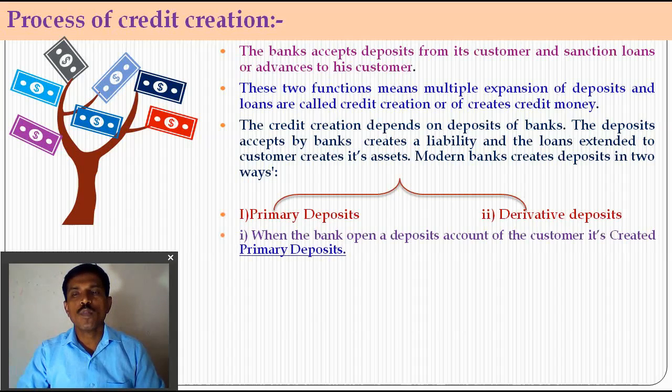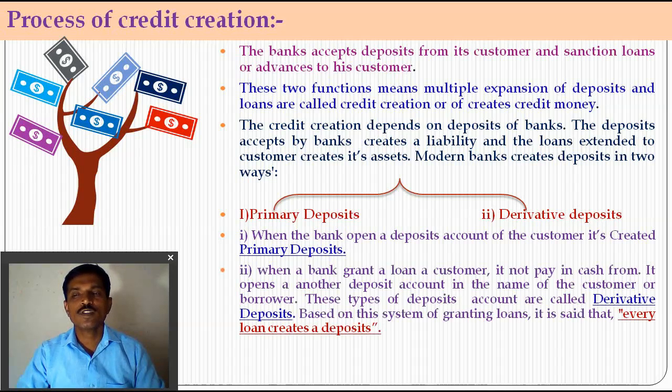When a customer opens an account in the bank and the bank creates the deposit in his name, it is called a primary deposit. Second is the derived deposit or secondary deposit. When a bank grants a loan to their customer, it is not paid in cash form; the bank opens an account in the name of the customer and it is called a derived deposit.